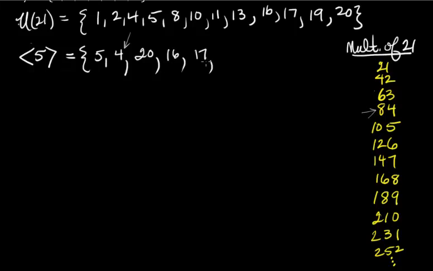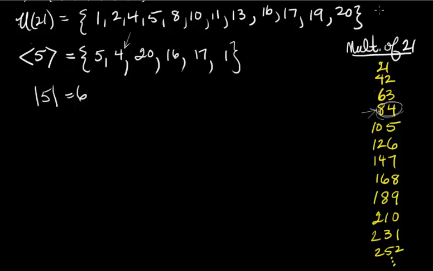Multiplying 17 times 5, I get 85, and 85 is congruent to 1. So there's my identity, and that is the cyclic subset generated by 5. Notice it has 6 elements in it, so we say that the order of 5 is 6.